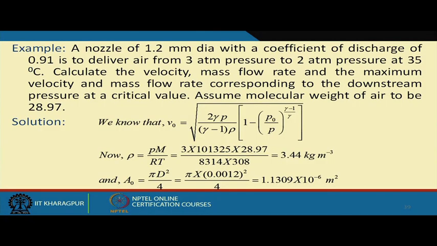For example, if we look at this problem: a nozzle of 1.2 millimeter diameter with a coefficient of discharge of 0.91, which is given by the manufacturer, is to deliver air from 3 atmosphere pressure to 2 atmosphere pressure at 35 degrees centigrade.